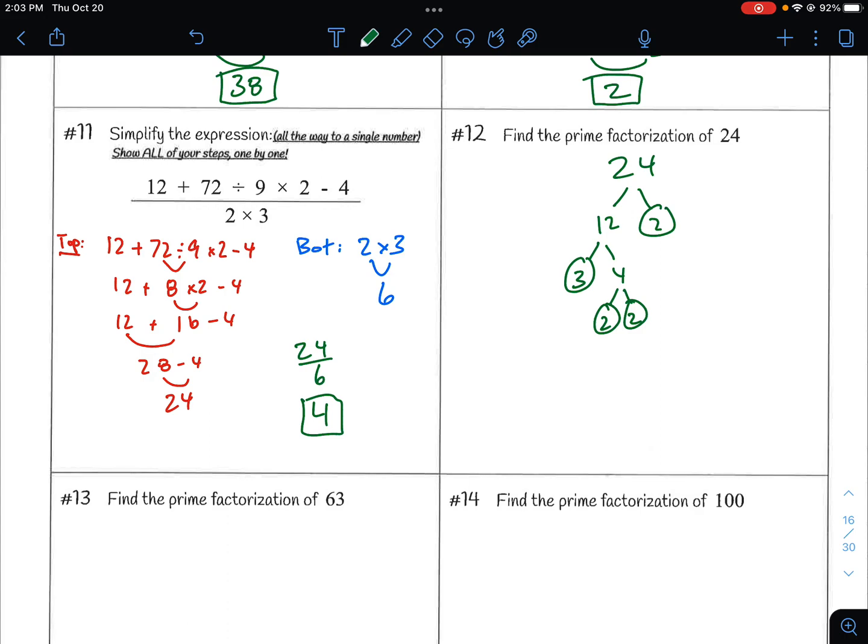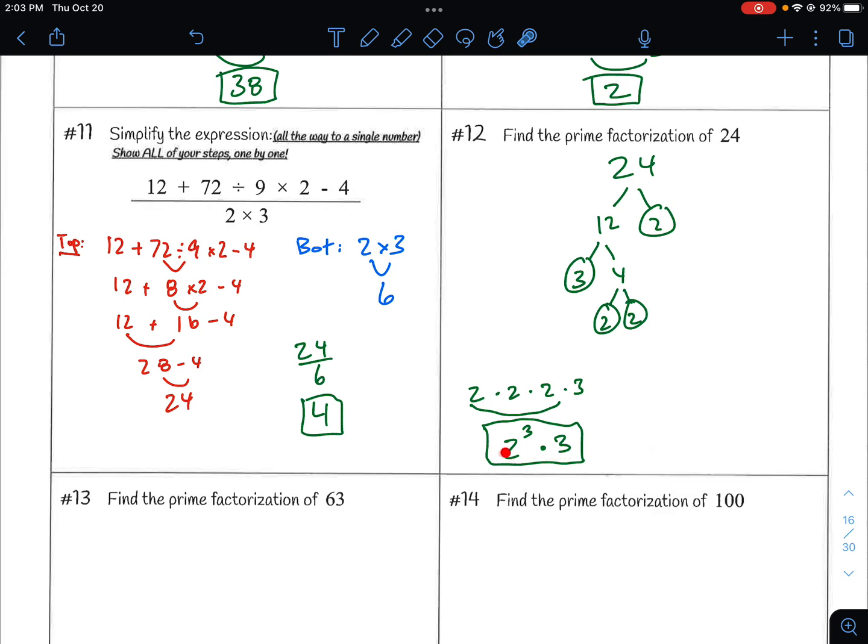And now I look at my prime factors. I have 3 2's and a 3, so I could say it's 2 times 2 times 2 times 3. I want to keep it in order. Another way you can rewrite this, which you should, is 2 times itself 3 times is 2 to the third times 3, so that is our answer, 2 to the third times 3.